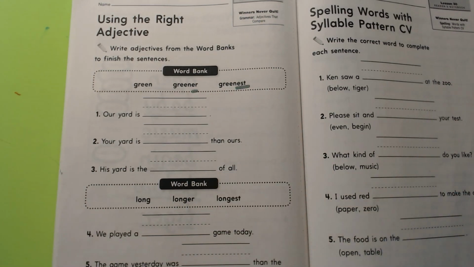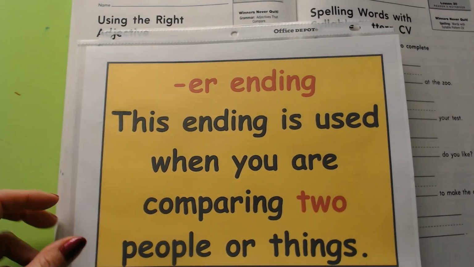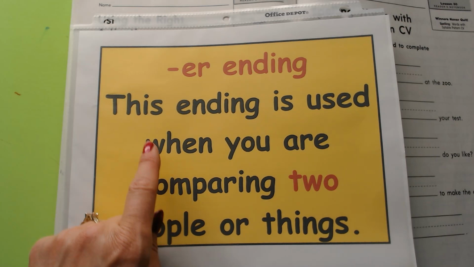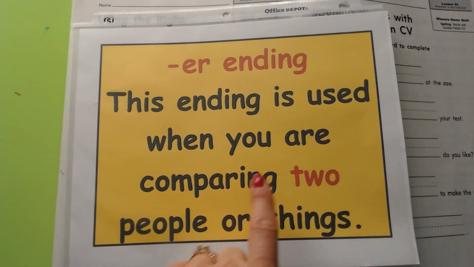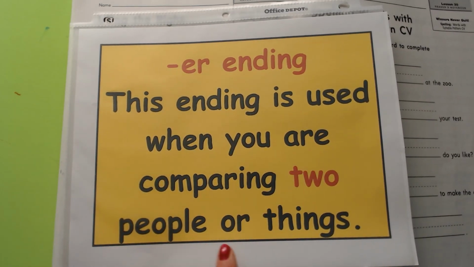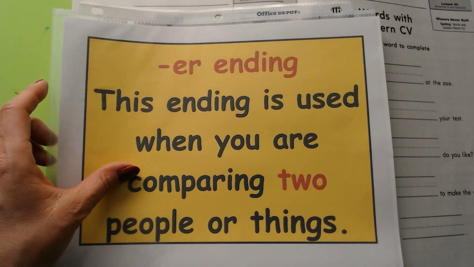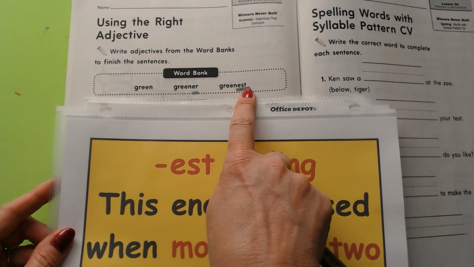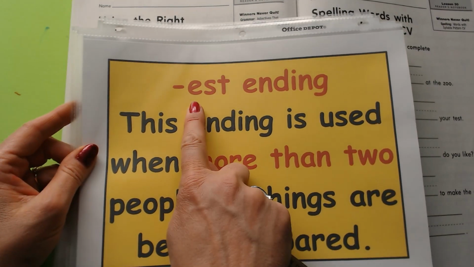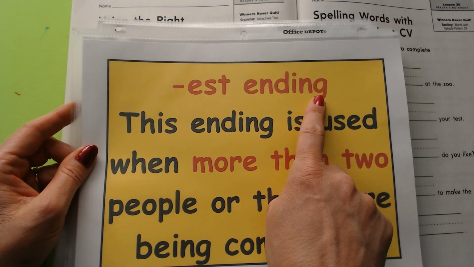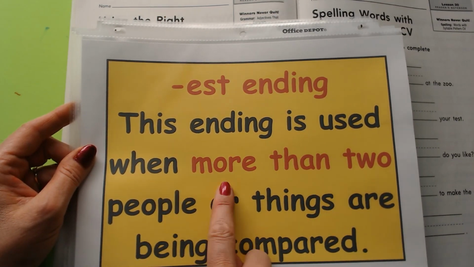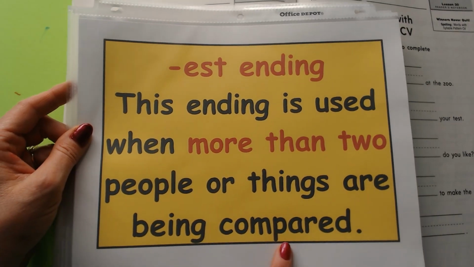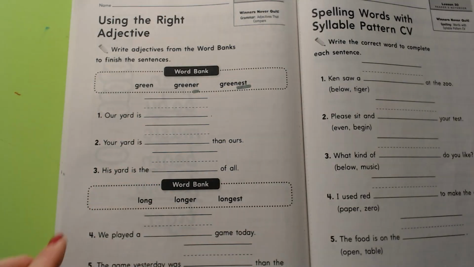Whenever you use an ER ending, this ending is used when you are comparing two people or things. Okay, remember that? And we're going to use the word that has the EST ending. This ending is used when more than two people or things are being compared. Okay, well, remember that rule.